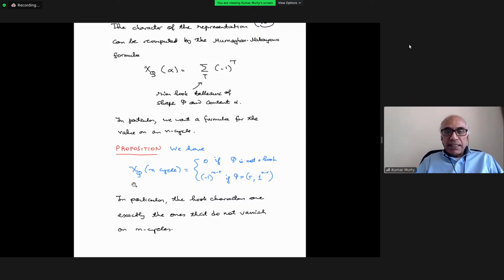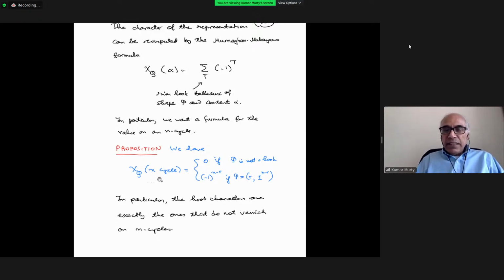The representation has a character, namely the trace of the representation. So if that partition is not a hook, then the value of the character on an n cycle is 0. And if it is a hook with R the unique non-1 entry and the rest are 1s, then the value of the corresponding character on an n cycle is minus 1 to the n minus R.